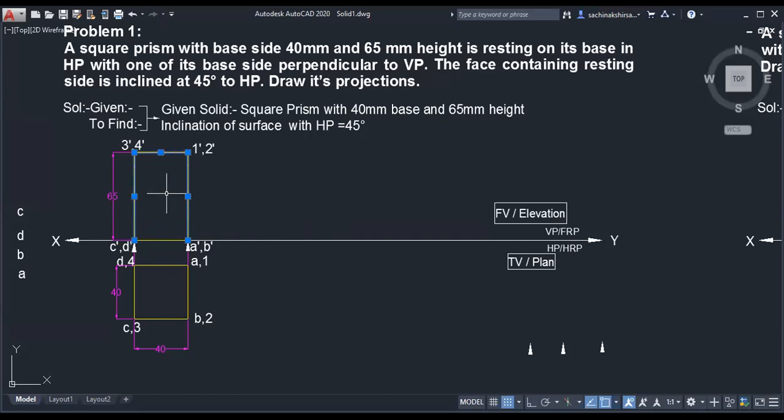And the remaining 2, which ones? 1 dash, A dash, 3 dash, C dash. Means front and back; simply you can say front and back.